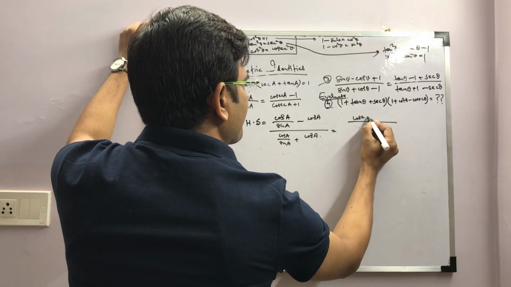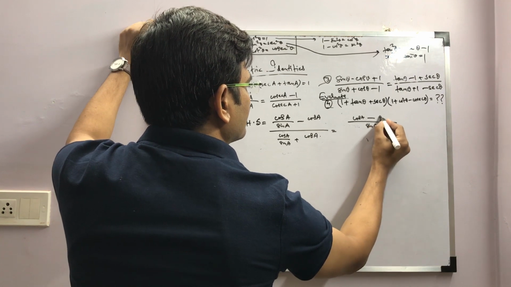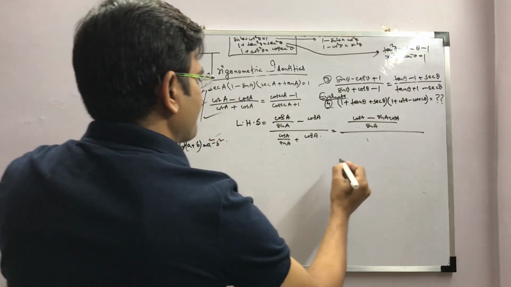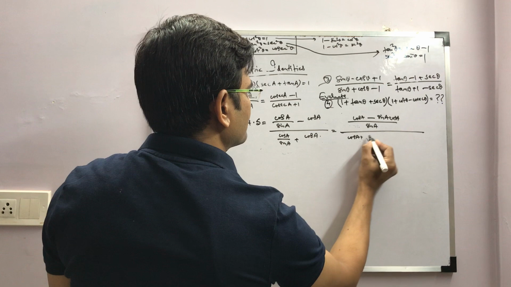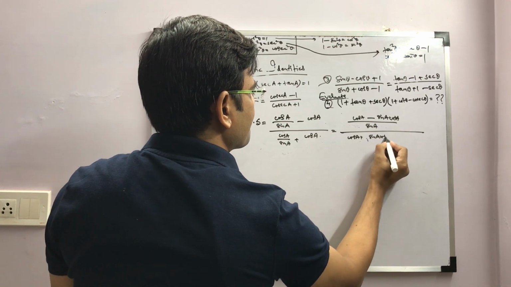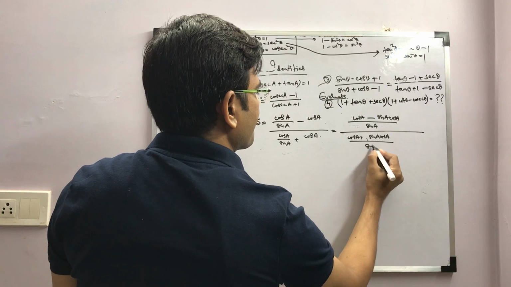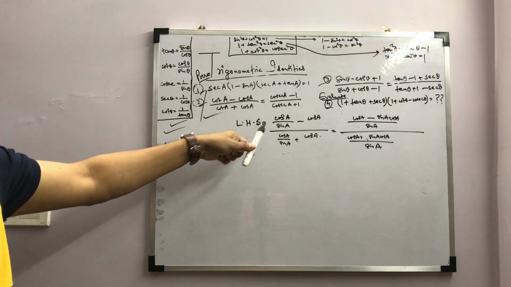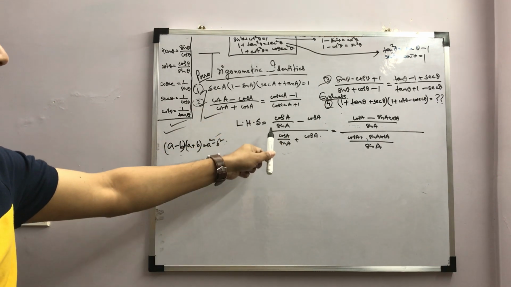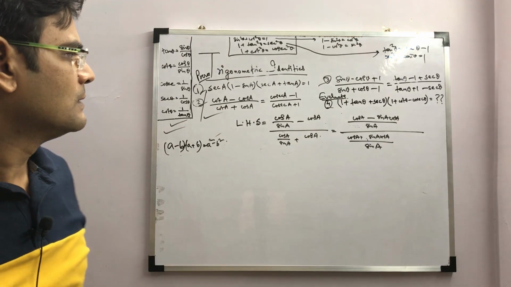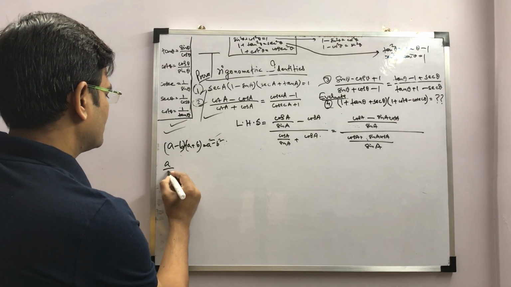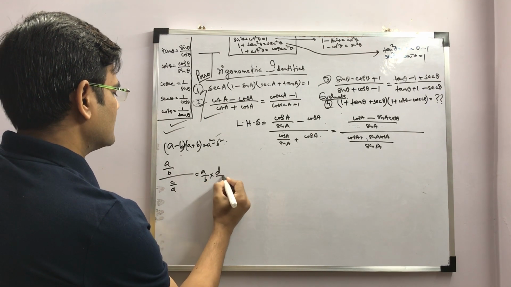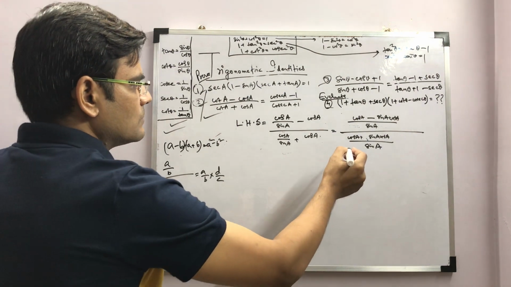Cos A minus sin A cos A. Cos A plus sin A cos A. Good so far? I simply broke cot A into cos by sin. Cos will remain as it is, and that is all. I took LCM here. Another thing, you know that, right? A by B divided by C by D is A by B into D by C. It gets reversed. So that is what is going to happen.